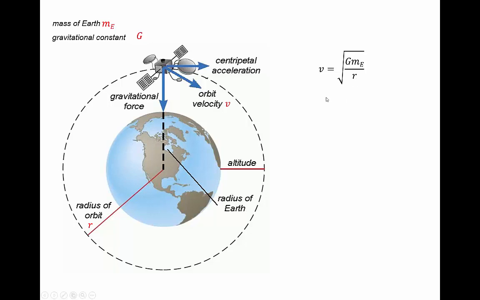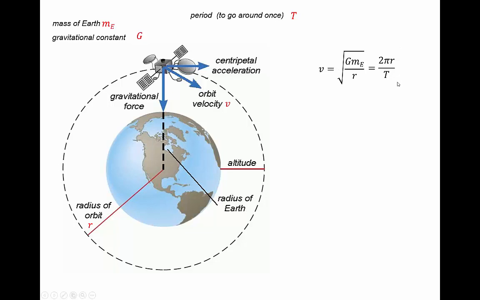But of course, what we also know is, as we said before, the satellite has to go around in one day, and we call that T, one day, and we say the circumference of the orbit, 2 pi times r, divided by the period T, is equal to the velocity.